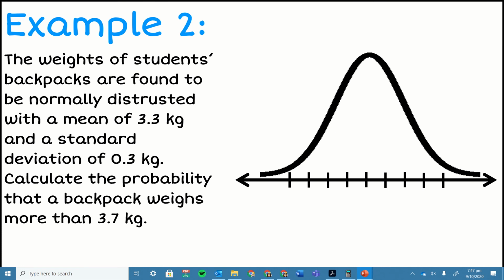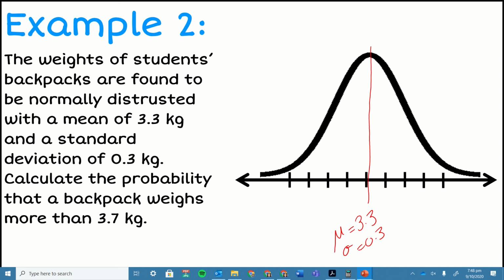Let's have a look at a different example. So we've still got our weights of backpacks, and it has that mean at 3.3. So I'm going to put that mean there at 3.3. Then it's got a standard deviation of 0.3 still. And we want to calculate the probability that a backpack weighs more than 3.7 kilos.